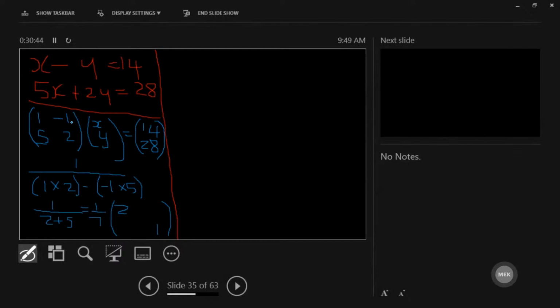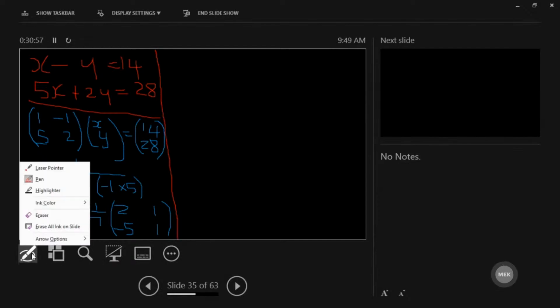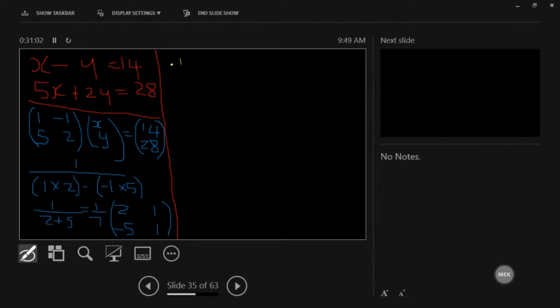Change the sign of the B and C. So the negative 1 becomes positive 1 and the positive 5 becomes negative 5. So this is our inverse, and we're now going to multiply the inverse. So it's 1 over 7, 2, 1, negative 5, 1, times the 14, 28, and that will give us x and y.